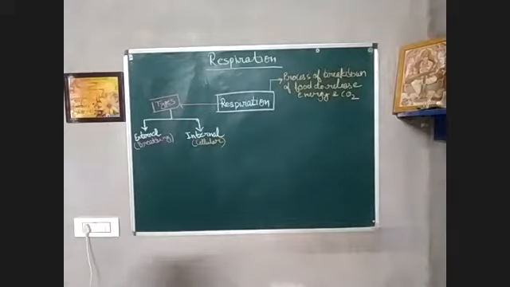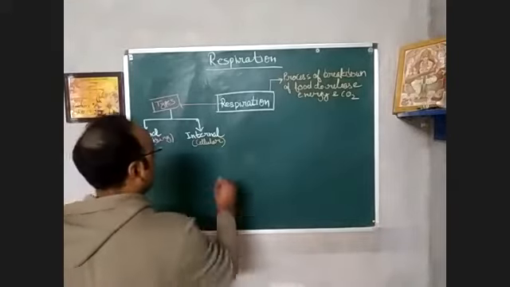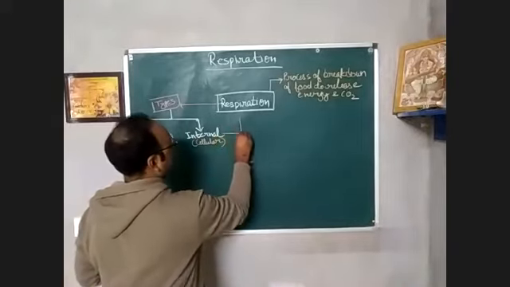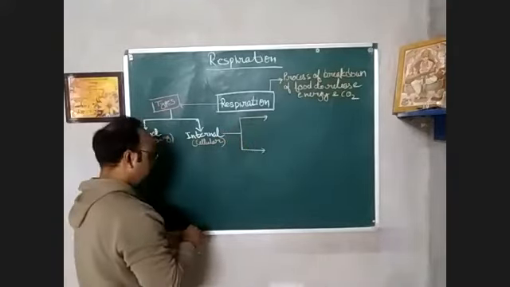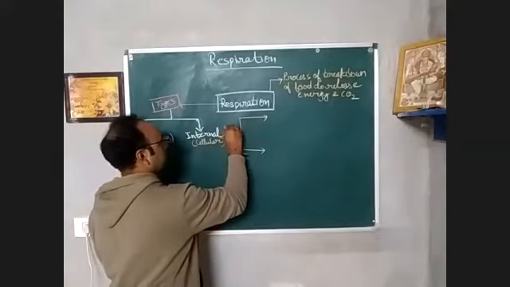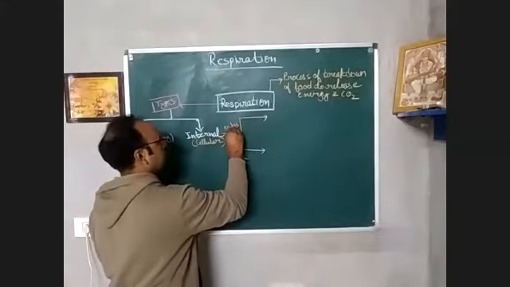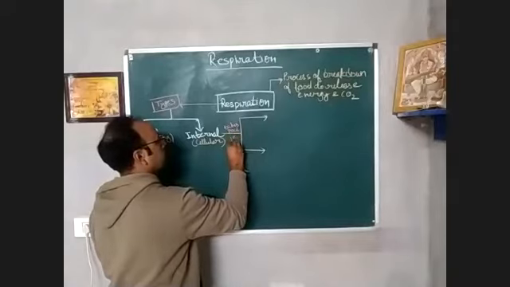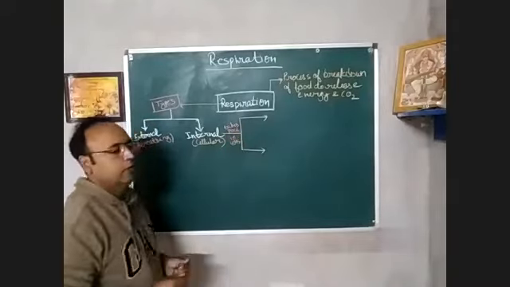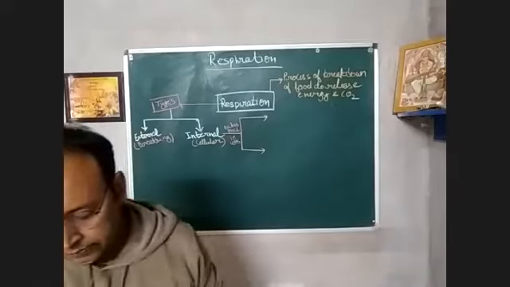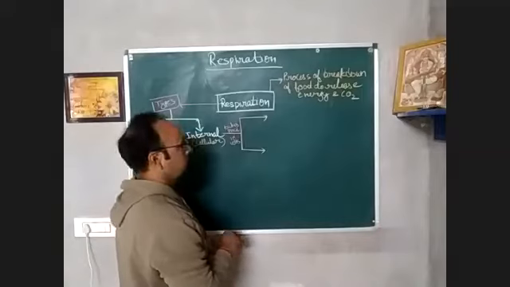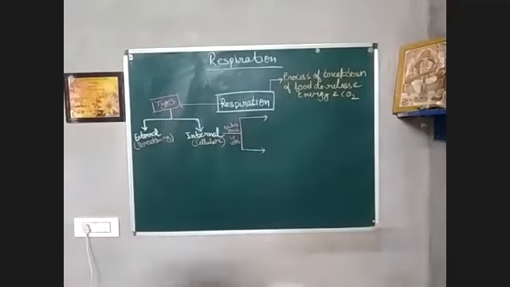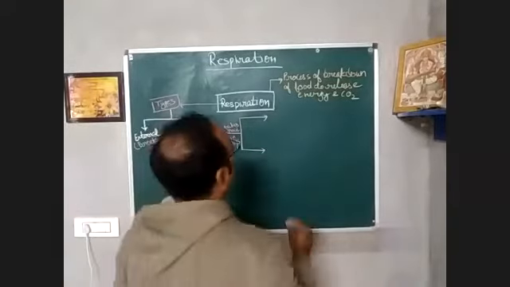Now cellular respiration is further of two types. It takes place in cells, and I hope all have remembered how it takes place in cells. There are two ways. One is in presence of oxygen and another is in absence of oxygen.